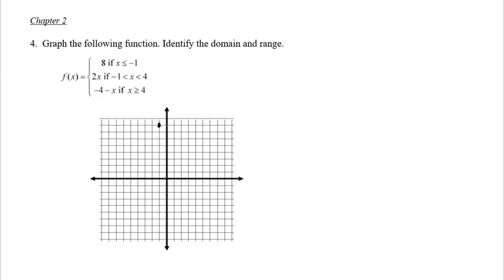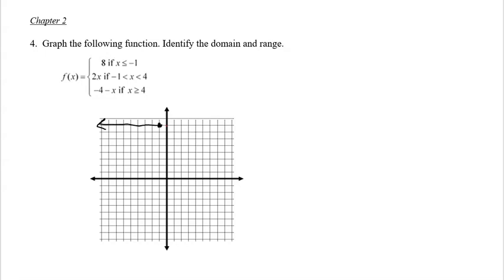So I'm going to include negative 1. I'm going to make a solid circle, and then I'm going to have a line, basically a ray, that only goes in this direction. So that's the piece y equals 8, only for x's that are less than or equal to negative 1.